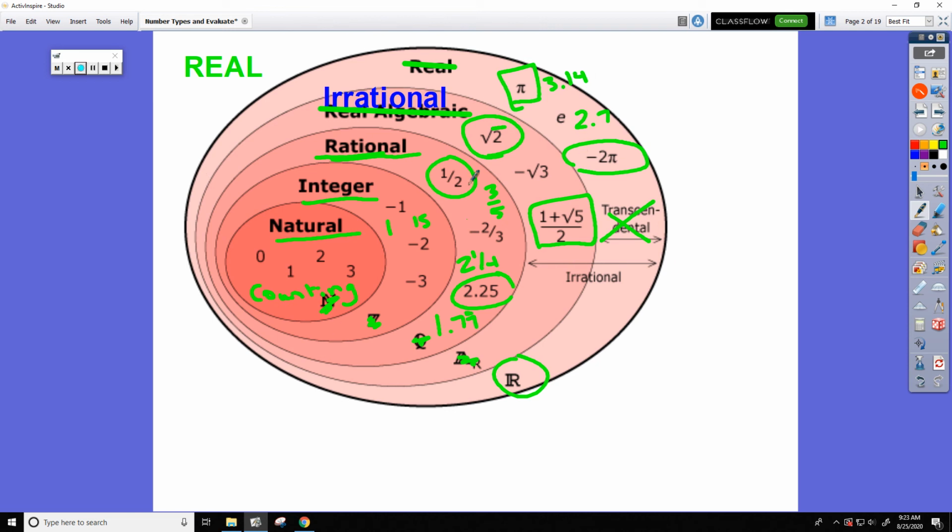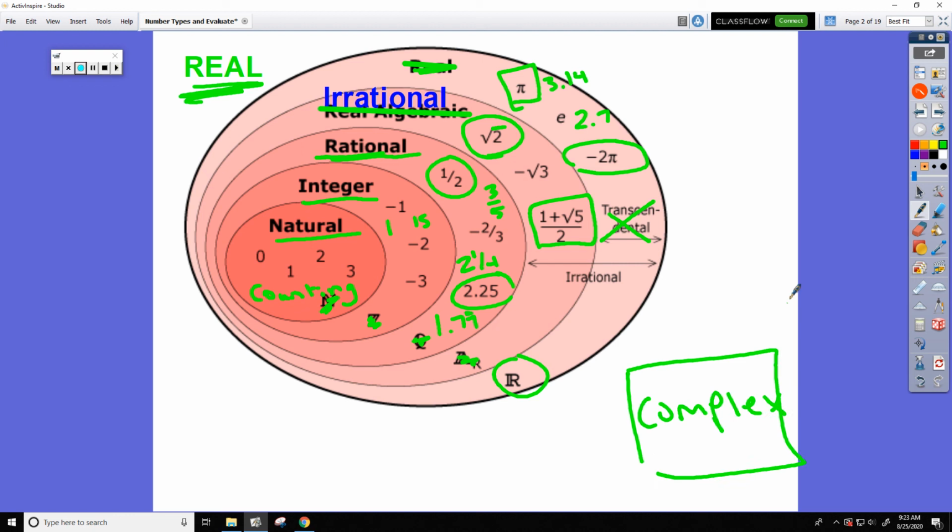And this whole oval, the entire oval, are real numbers. We use the real number system. When you're in Algebra 2, you'll learn about this other number system called complex numbers. But right now, in Algebra 1, we use the real number system.